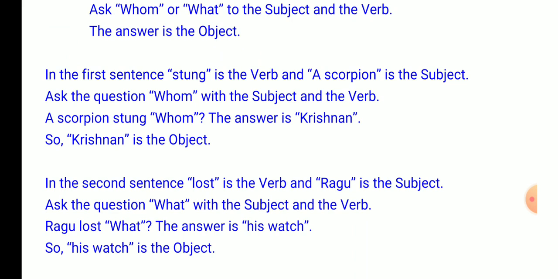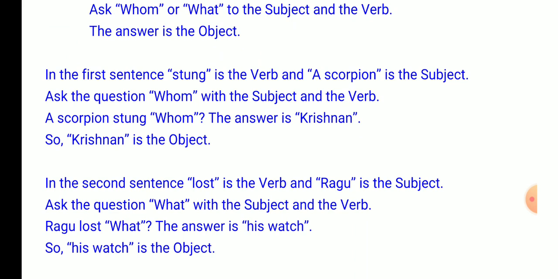Shall we recall the object? The object is the receiver of the action. It is placed after the verb. It is either a person or a thing.